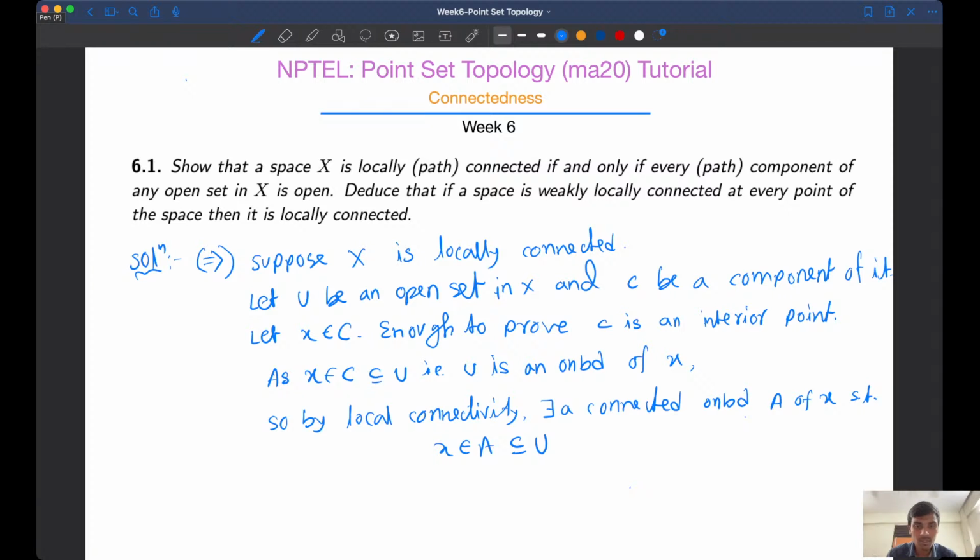Okay, but if a set is connected and x is in common to C and A, right?